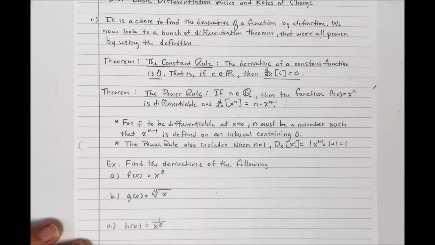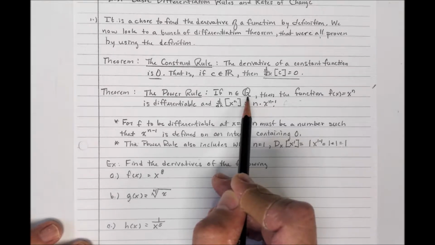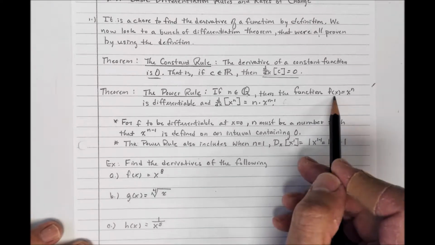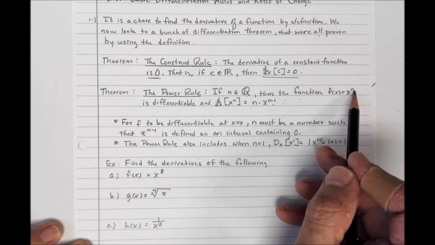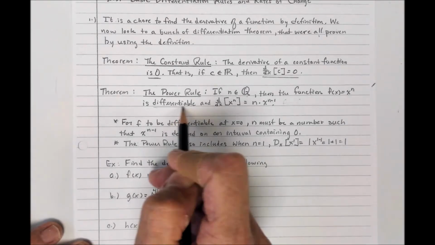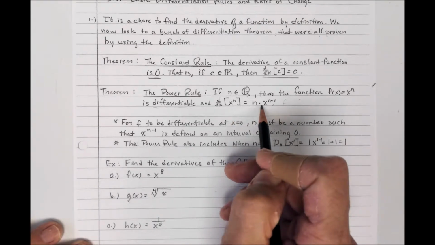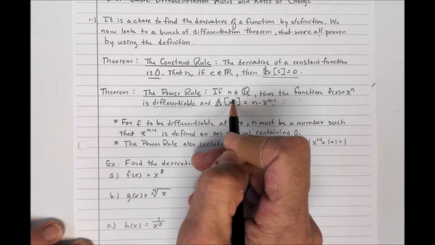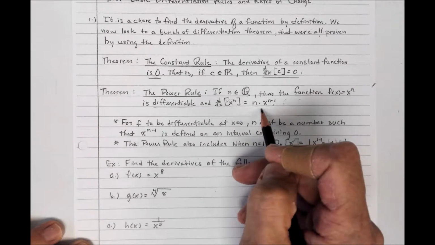It says that if n is a rational number, so it could be positive, negative, or a fraction, just not an irrational number, then the function f of x equals x to the nth power is differentiable, and the derivative of x to the n is n times x to the n minus 1. I think of that as whatever the exponent is coming out in front and then taking 1 off the exponent.